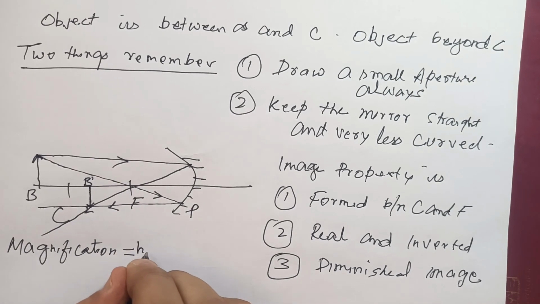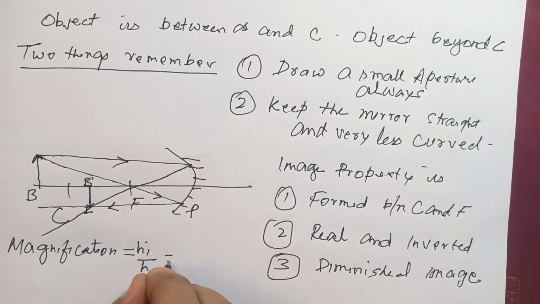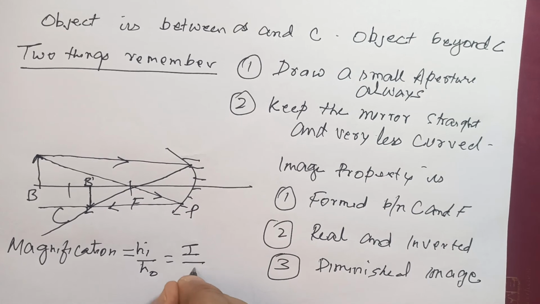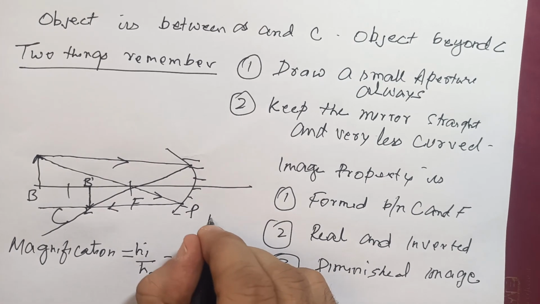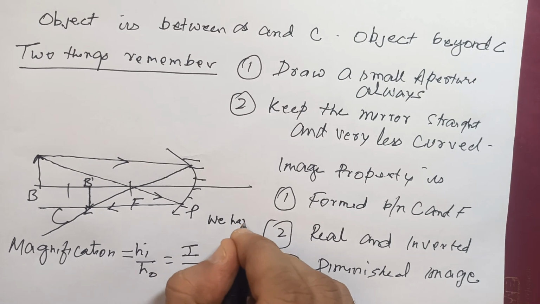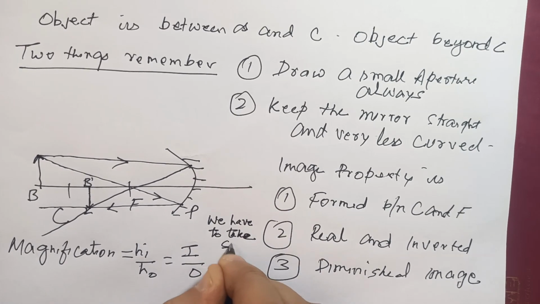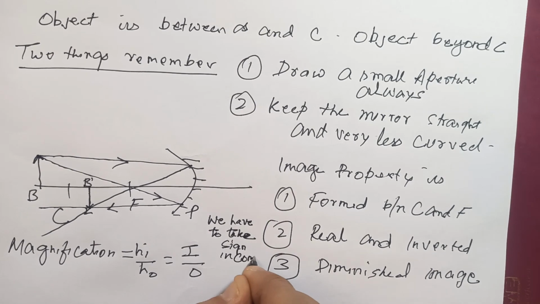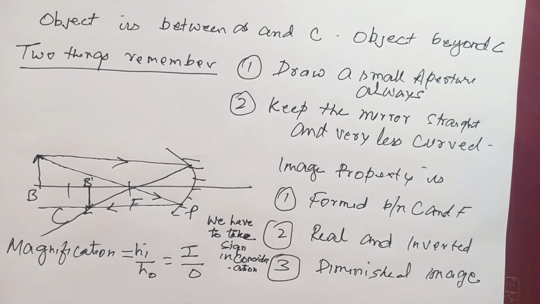Magnification is height of image by height of object, or I by O. Now remember, we have to take sign into consideration.